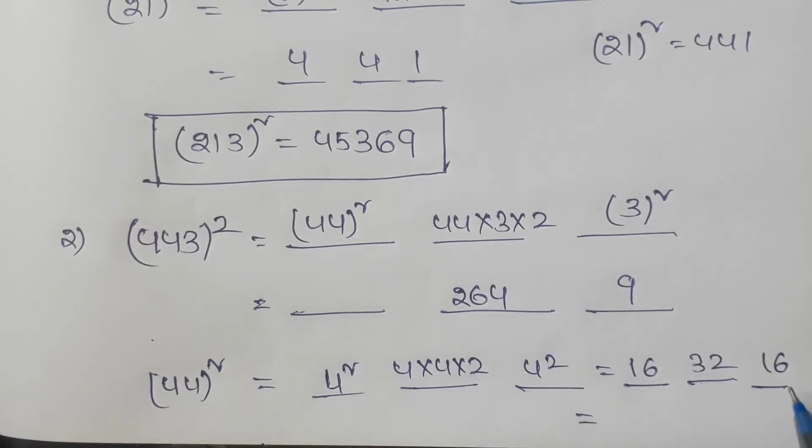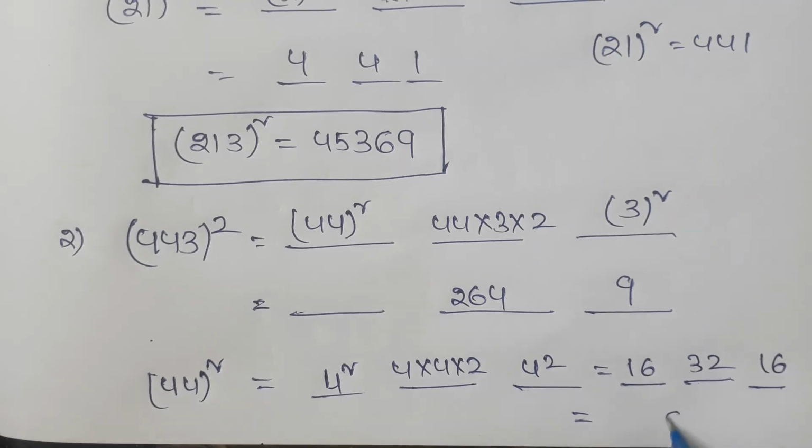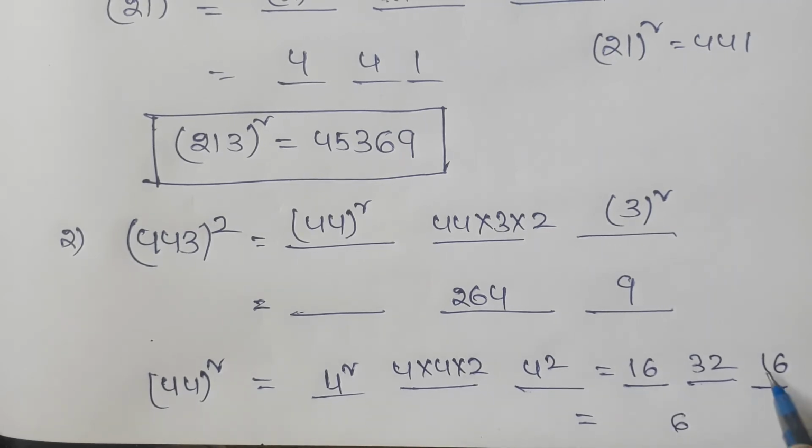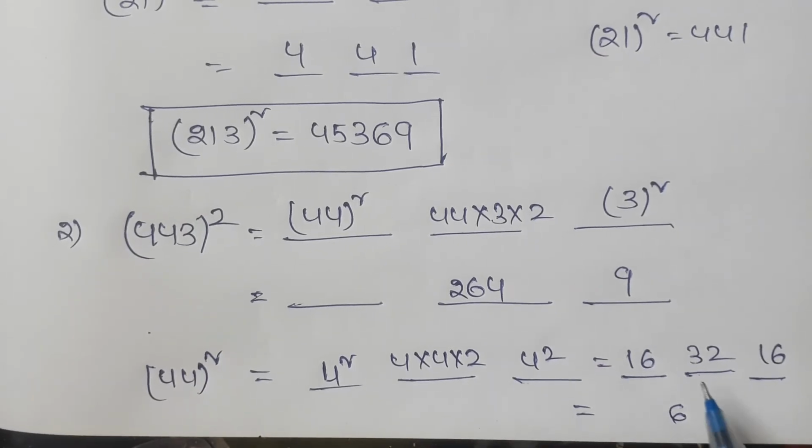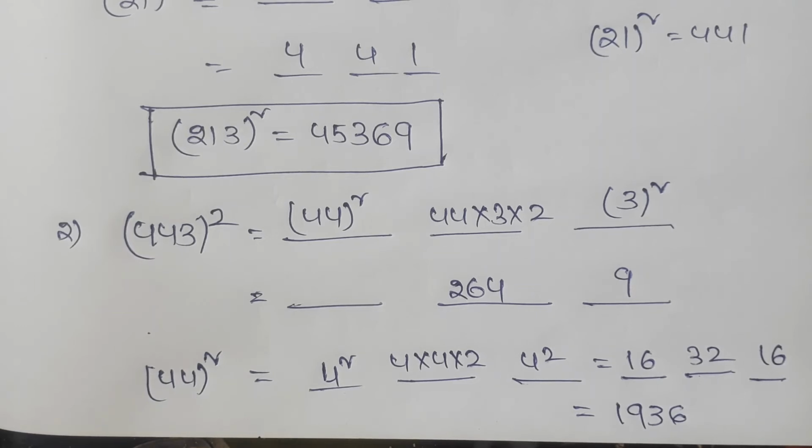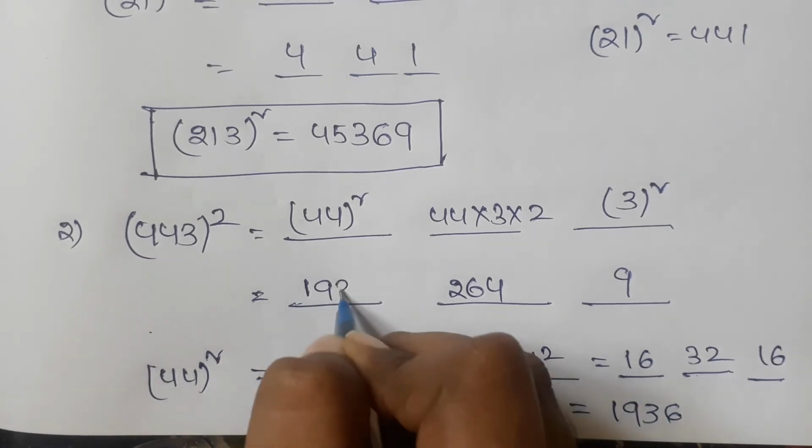From this, see in 16, 6 to be written and 1 is to be carry forwarded. 32 plus 1 is 33. In 33, 3 to be written and 3 is carry forwarded to 16. That is 16 plus 3, 19. And here 44 whole square is 1936.